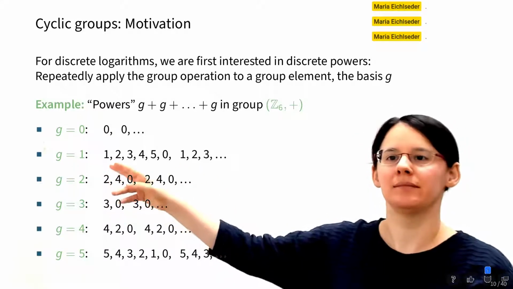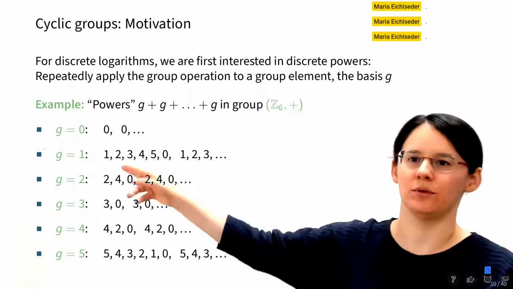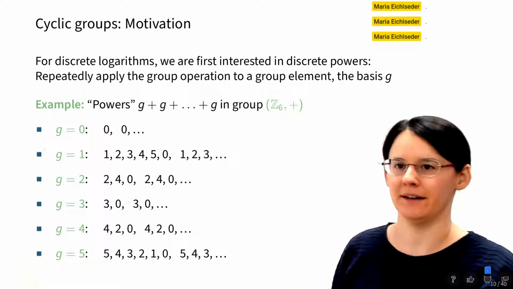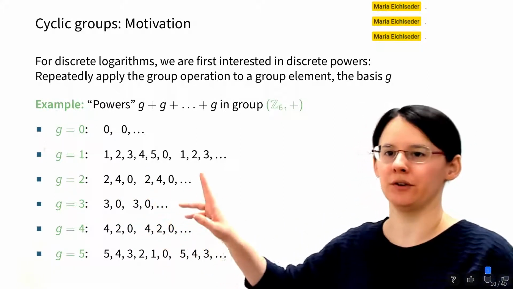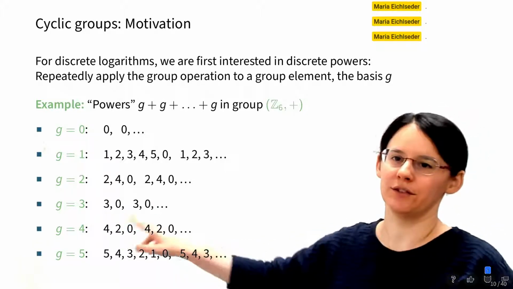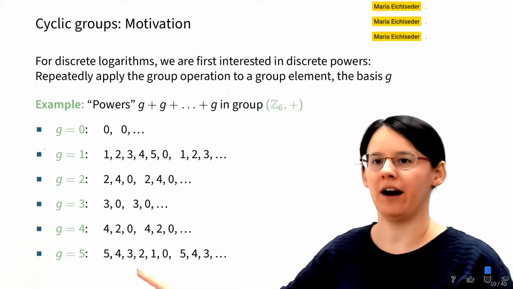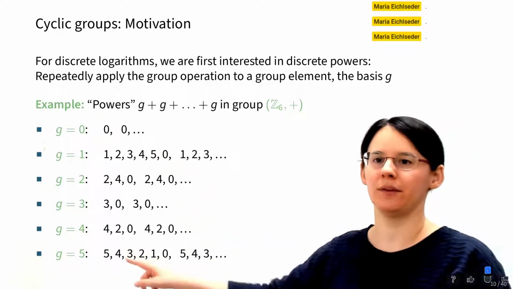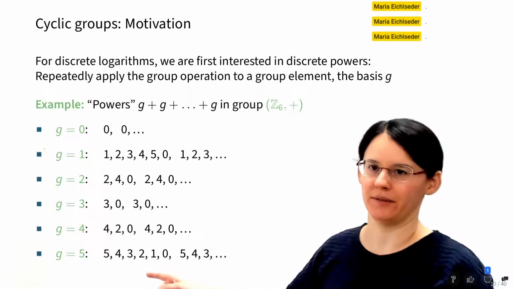If I keep adding 1 to the previous number, I will at some point reach 6, so 0, and at that point I will start looping through the elements again. If I do this with 2, I start looping much sooner. With 3, even sooner. 4 seems to be very similar to 2, and 5 looks very similar to 1, except that I'm going through the numbers in reverse order, which makes sense because 5 is the same as -1.